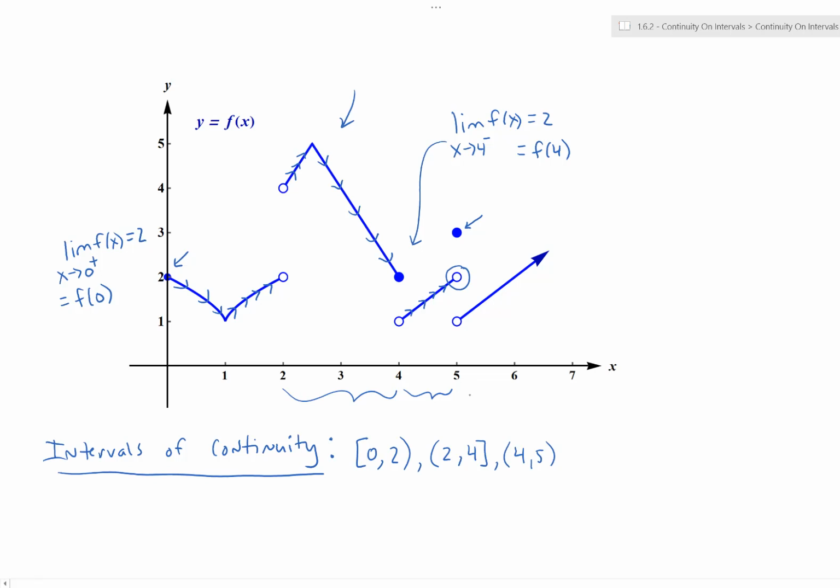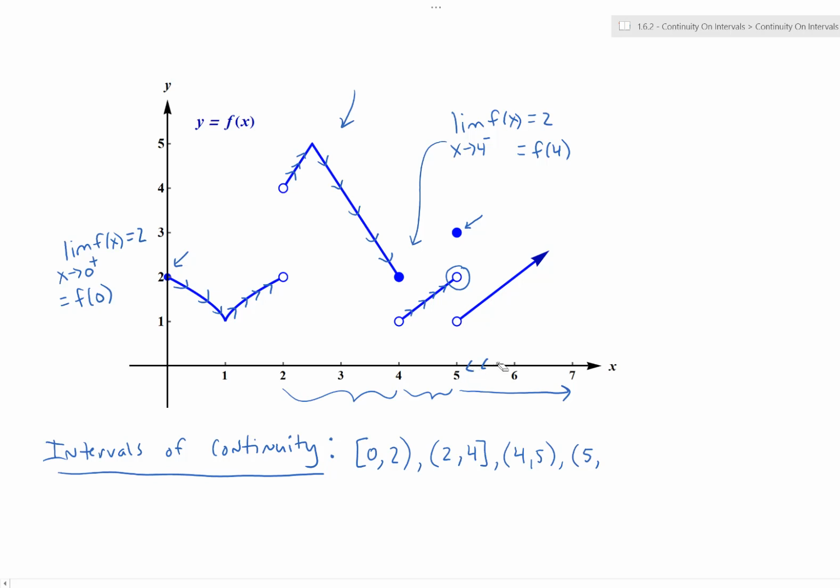Finally, this function continues on from 5 onwards, like that piece right there, that linear looking graph. So again, if we approach 5 from the right here, like so, the function's limit does not equal its output value. So we are not continuous from the right at 5. Hence, we're going to start our interval here at 5 as an open interval.